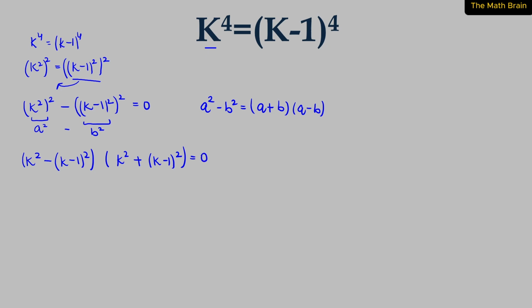Now, we can write k squared as it is, but here we have to use the formula (a minus b) whole squared is equal to a squared minus 2ab plus b squared, and we will get k squared minus bracket k squared minus 2k plus 1 and put it in the bracket.